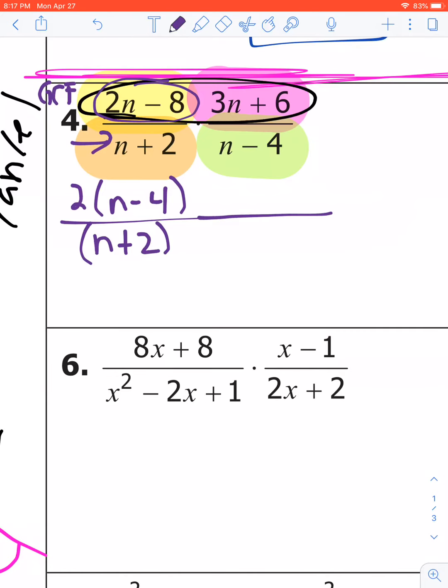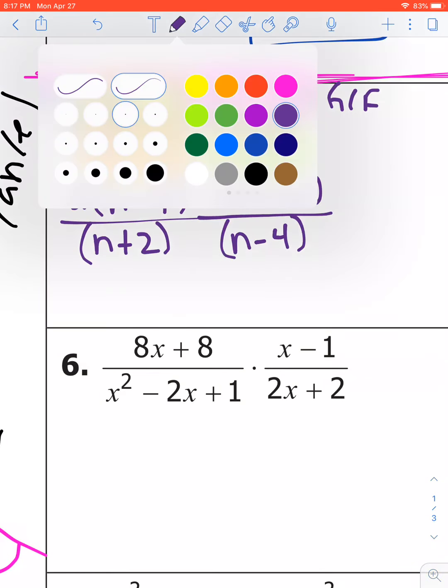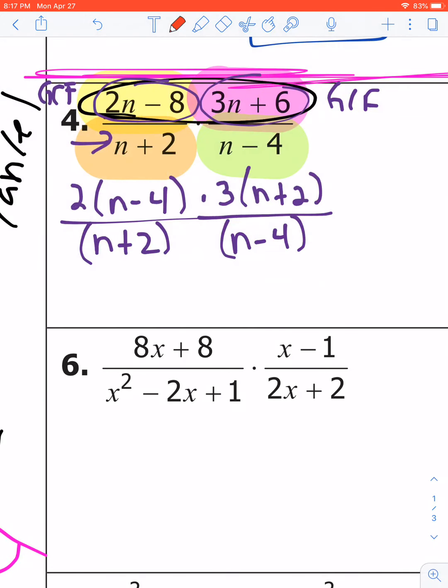But friends, just because you can multiply straight across, I can just write this as one fraction. So the 3n plus 6 also has a GCF. It has a GCF of 3. Then I'm going to write the n minus 4 on bottom. And now every factor up top can cancel with one on bottom.